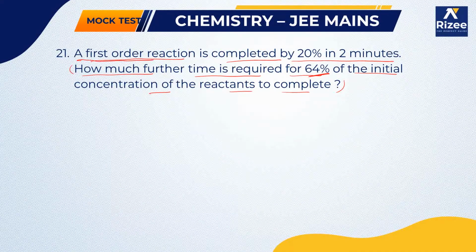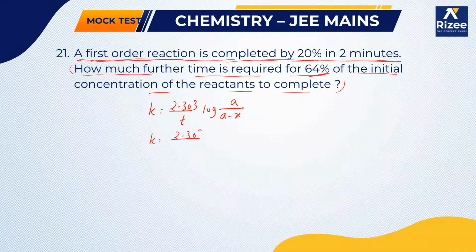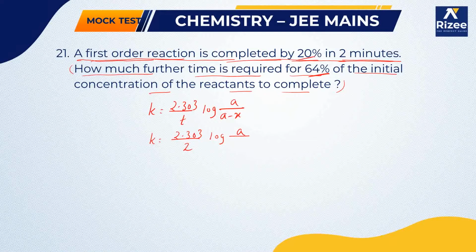A first order reaction is 20% complete in 20 minutes. Means we can write K is equal to 2.303 by t into log of a by a minus x, the rate constant expression for a first order reaction. Putting the values, 2.303 by t, he has given 2 minutes, so 2 log of, 20% completed means the remaining is 80.